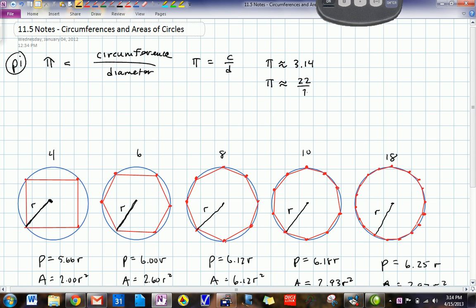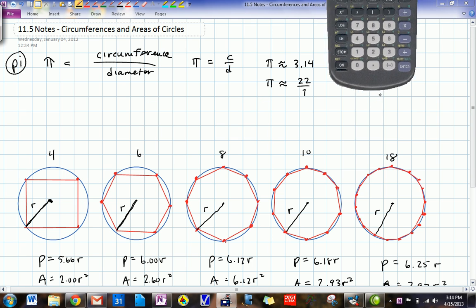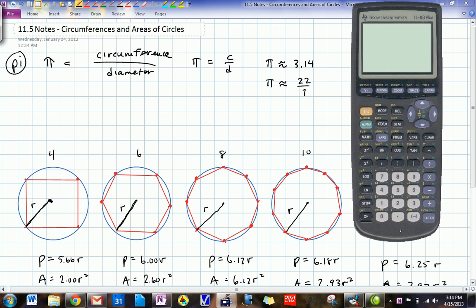Many times when you're doing problems in geometry, you're going to leave your answer with a pi in the answer. Occasionally we'll do a decimal form, and occasionally we will use the 22/7. There is a pi button on your calculator, and so let me just show you where that is. The pi button on our calculator is a second function button, so it's second, and then it's over here, the up caret, and that gives us pi.